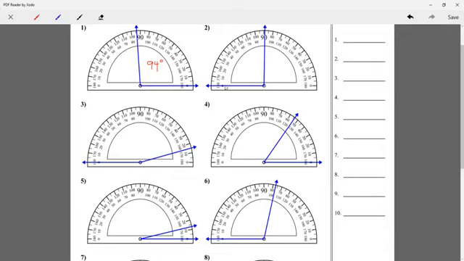Let's look at this. So in this one, the 0 here is on the inside. So we are not using these outside numbers. We are only using the inside, and we are going here. And right now, with the inside numbers, I know that since we start over here, this line is a little bit past 90, right?